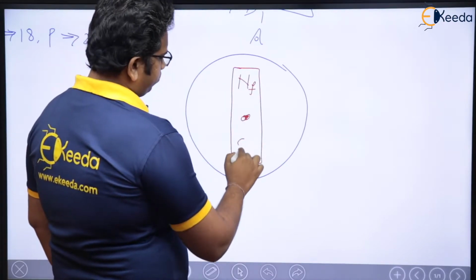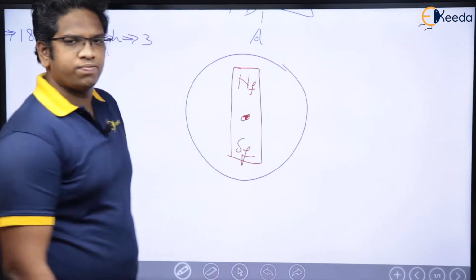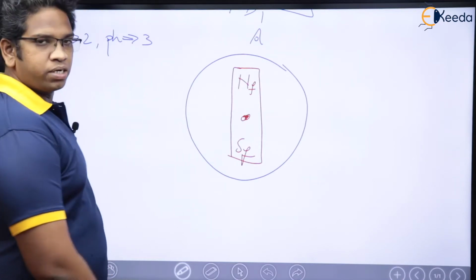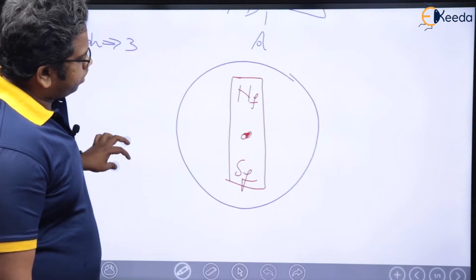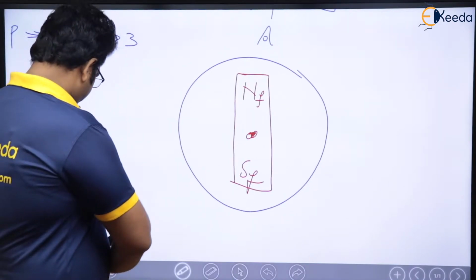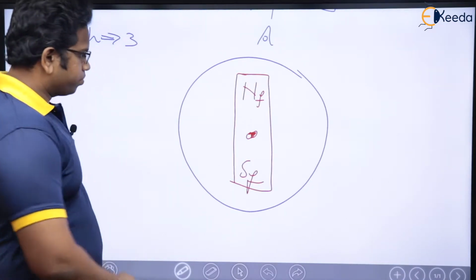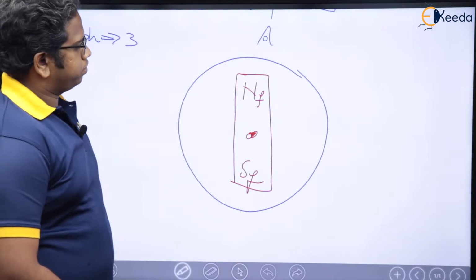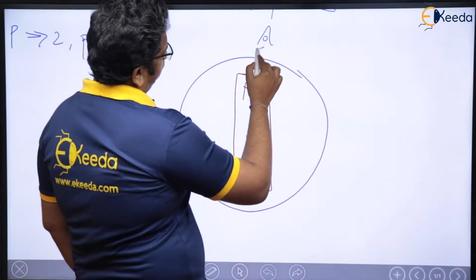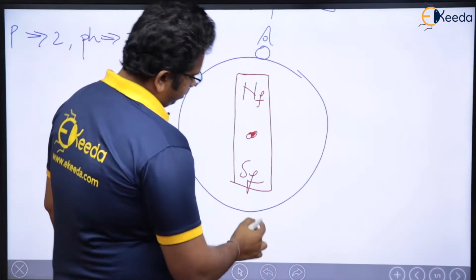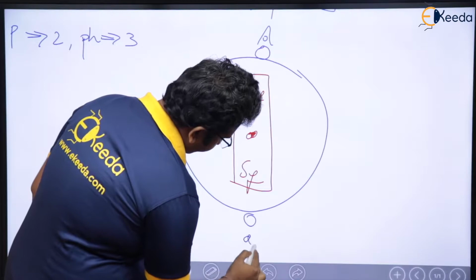N F and S F, or N1, S1, it's okay, it doesn't matter to us for the time being. Now, since it is a 2 pole machine, if I have A here, I am going to have A dash here.